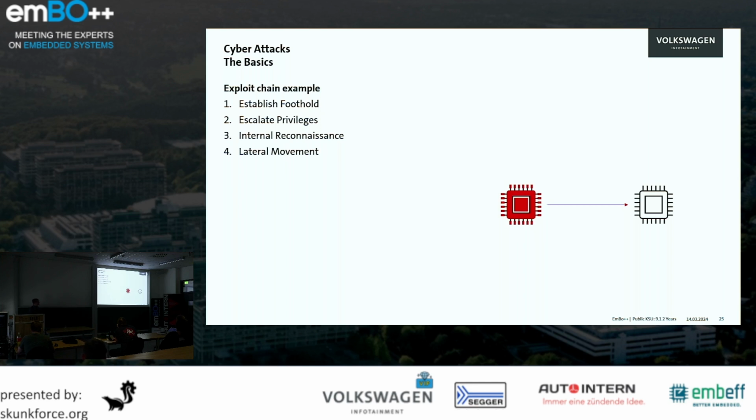If you think of the car domain again, you have one processor in your car and you got access, and there is a network with a lot of other ECUs in it. You want to try to hack the next. Or if you are on a really small embedded device at home, like a smart thermometer, you might want to get to the cloud or to the next target in your home network.